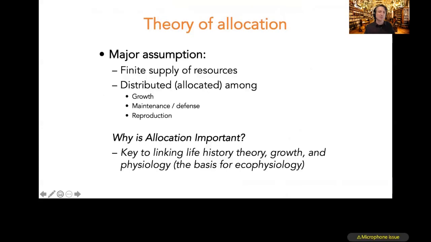Well, this relates ultimately to this theory of allocation, because the supply of resources is finite, and they have to be distributed amongst growth, maintenance, defense, and reproduction, right? You can't simultaneously allocate to all of them at the same time because resources are finite.